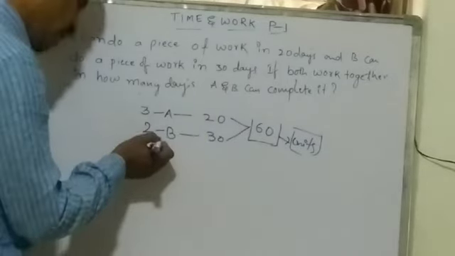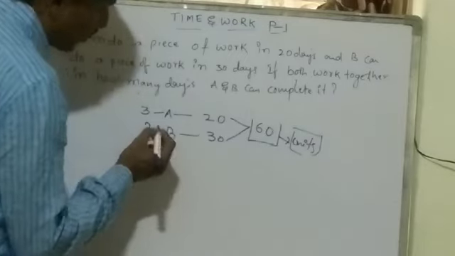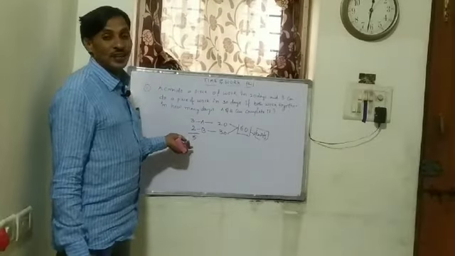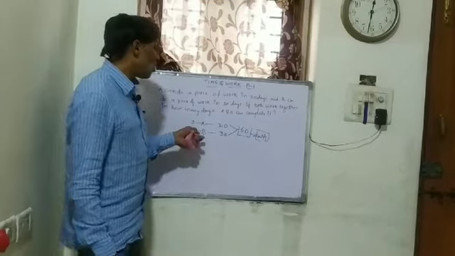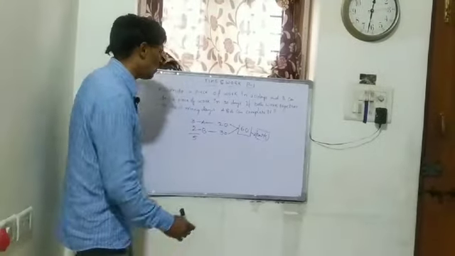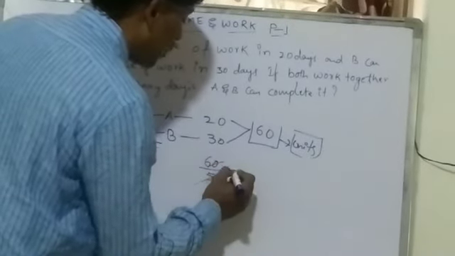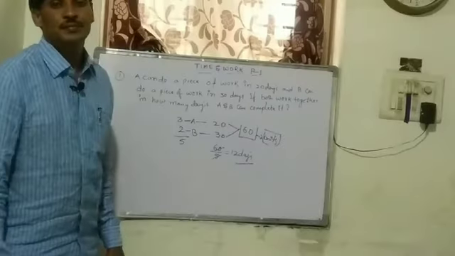So when A and B work together, they will produce 5 units per day. When they want to produce 60 units, it needs 60 by 5, which gives 12 days. This is the shortcut method.